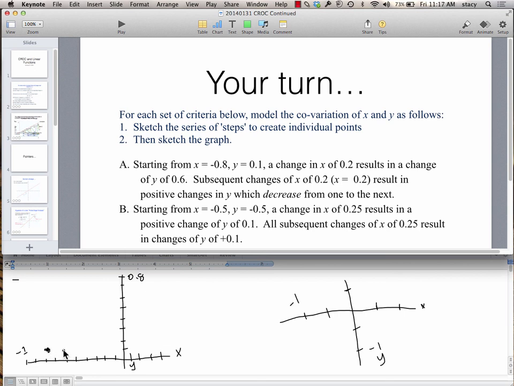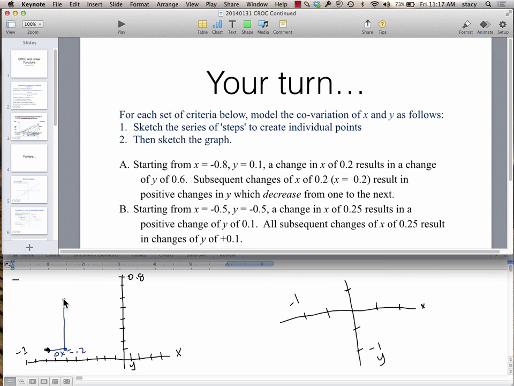And then what does it say happens? Okay, so if I increase x by 0.2, so this is a delta x of 0.2, then the subsequent result, what happens? The result is a change of y of 0.6, right?